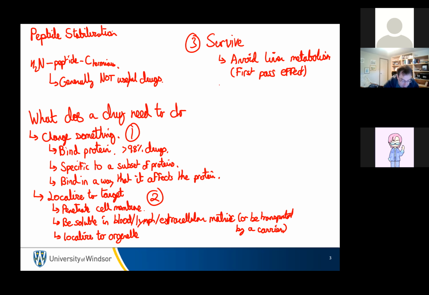But if you're in the bloodstream, you have all the enzymes in the blood, because your body is constantly pumping out enzymes to degrade things that are outside of cells.